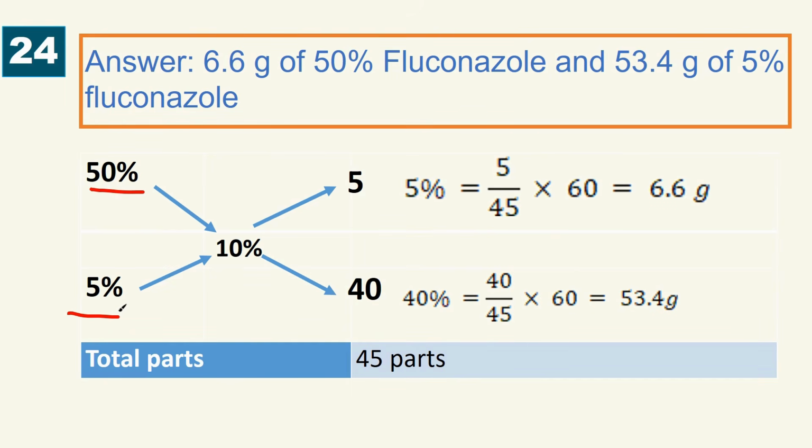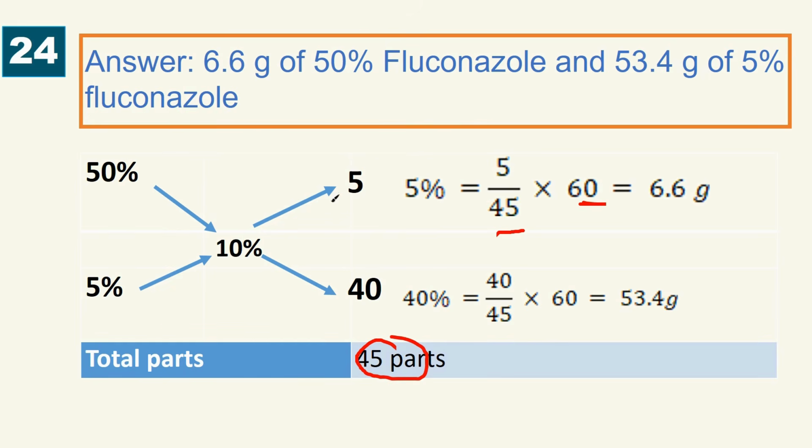So now, by using this method, you just have to subtract diagonally, like 50 minus 10, 40, and 5 minus 10, 5. And how many grams are you preparing? You're preparing 60 grams. So for now, this is 5 parts, and this is 40. Total parts are 45 parts.